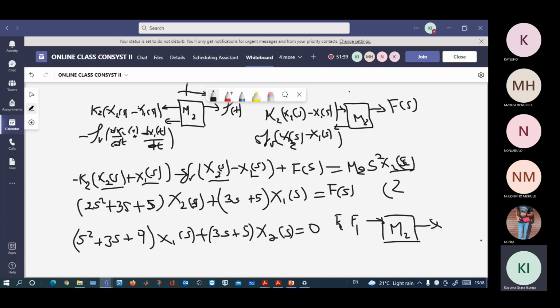So this F2 is the force that is normally supposed to be acting on these masses, and F1 is the force that comes from the fact that M1 is linked to M2, and it's also under the force of the second displacement.